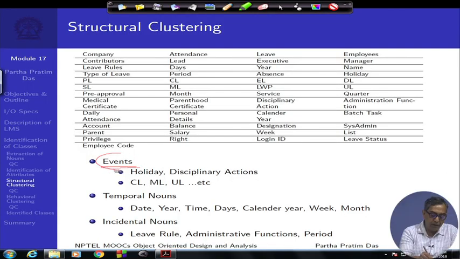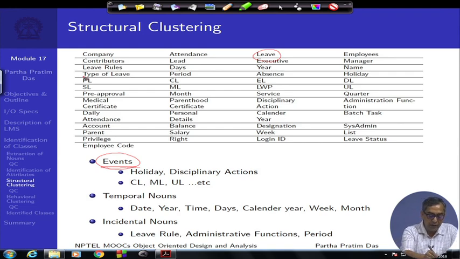So, let us look for other events, and we find that plenty of them are here. For example, leave is an event where an employee will be absent from attendance in the company; it starts at a certain point, ends at a certain point and so on.